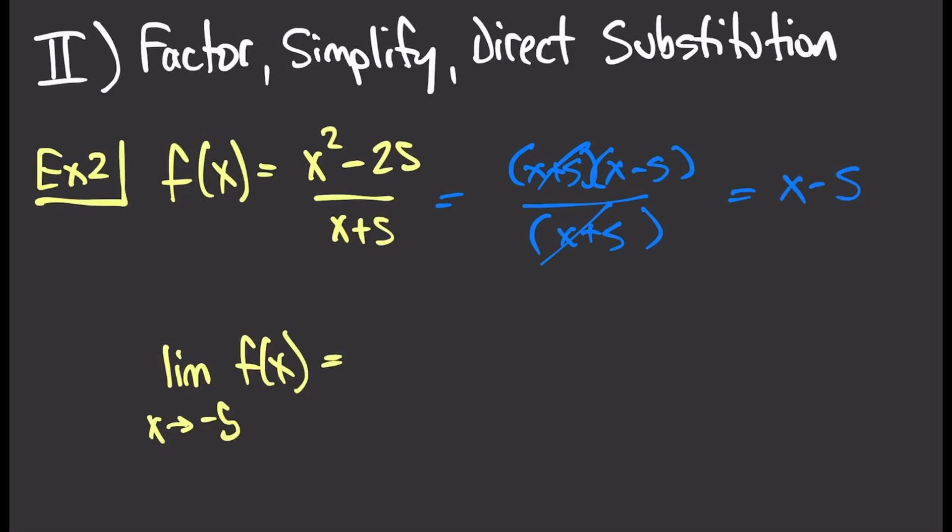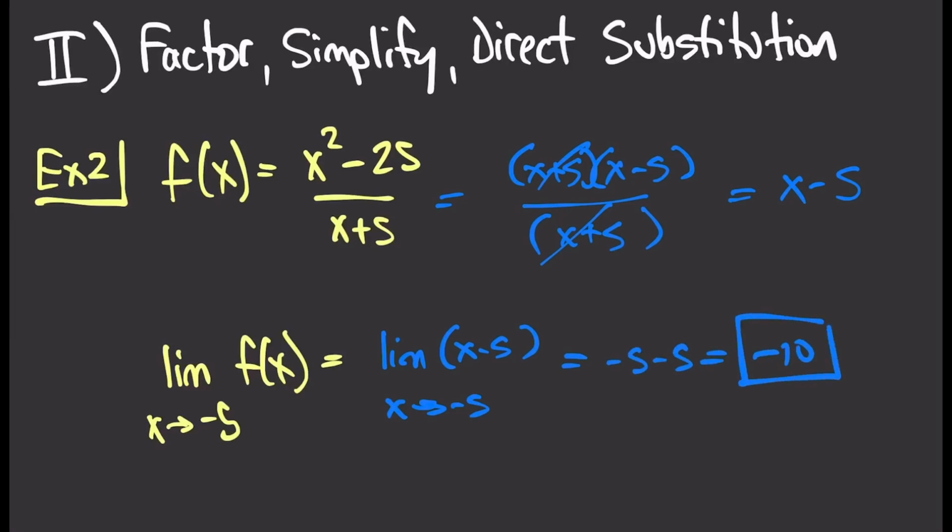Now I don't want you to get confused here. That is not the same as the original function, but that's just an expression that I can use now to find the limit. So the limit of f of x as x approaches negative 5 is now the limit of x minus 5 as x approaches negative 5. So now if I plug negative 5 in, I get negative 5 minus 5. That's negative 10. That is the limit.